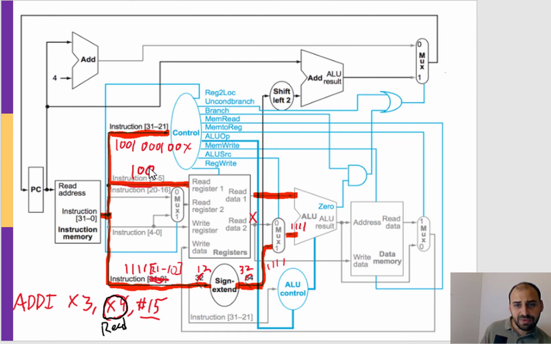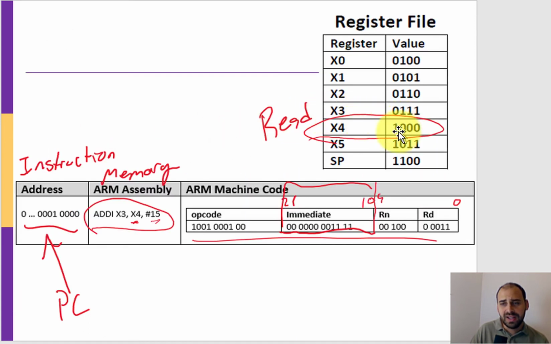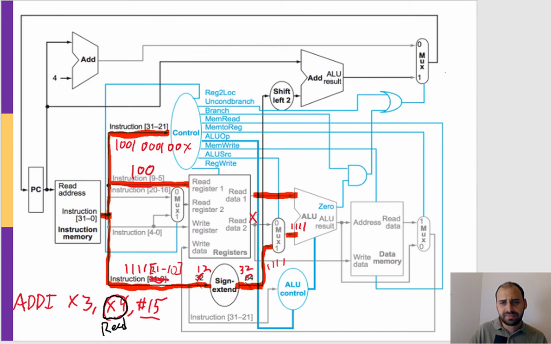We read register 4 and we put the value of register 4 here. The value of register 4 looks like it's 8. We're going to have 8 plus 15, but we can come back to that.